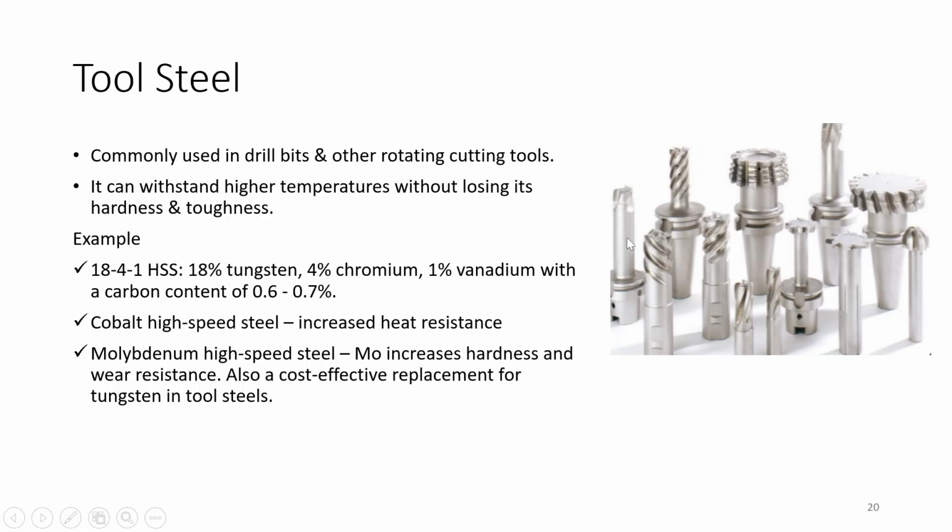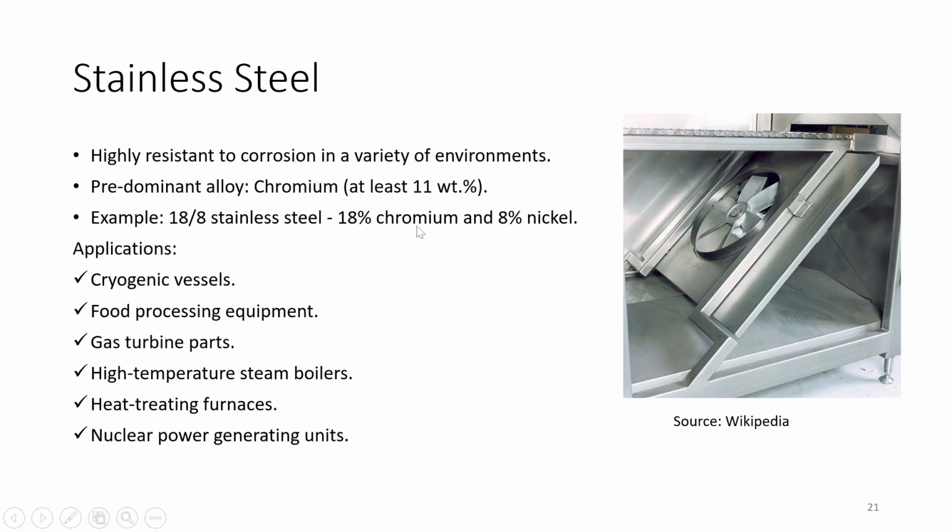For example, in tool steels you prefer elements that form carbides, so vanadium and tungsten. But in stainless steel, you choose chromium and nickel. These are more likely to form an oxide layer at the top, which provides corrosion resistance. Stainless means it doesn't form any corrosive layer. So according to the end application, you choose which material you will be adding.